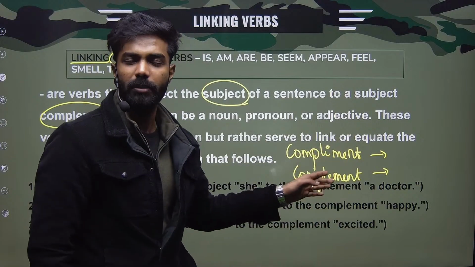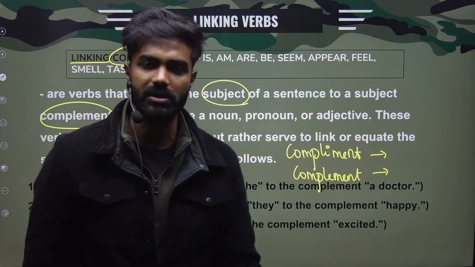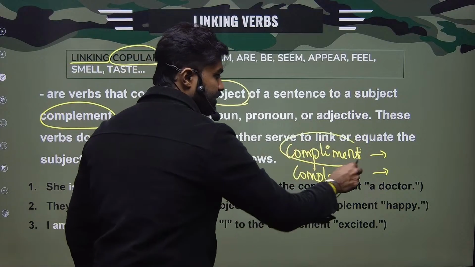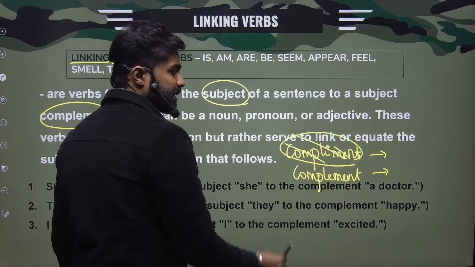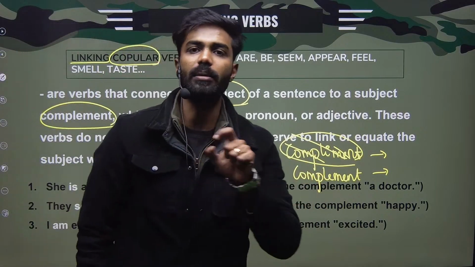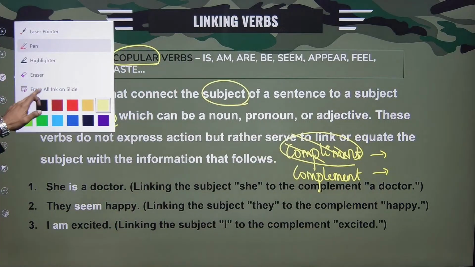Compliment is different. Compliment means saying something nice to a person, or just appreciating them. All praises, all these are my compliments. But we are not talking about compliments, we are talking about complement here. Complement means a completion, giving a full meaning, the complete form. Clear?